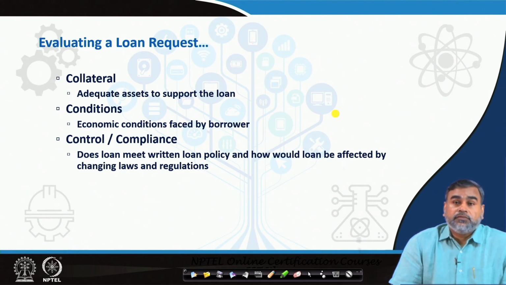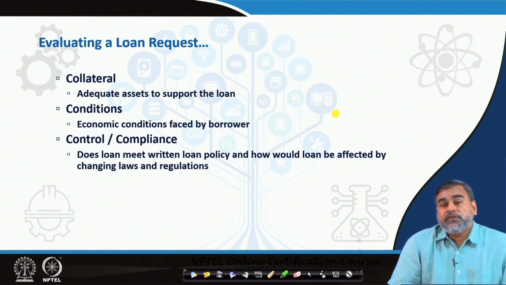Conditions, economic conditions, which are not in the hands of the borrower. Let us say the borrower has taken a loan for a particular business establishment, and because of a slowdown in the economy, the product the entrepreneur has produced is not sold in the market.